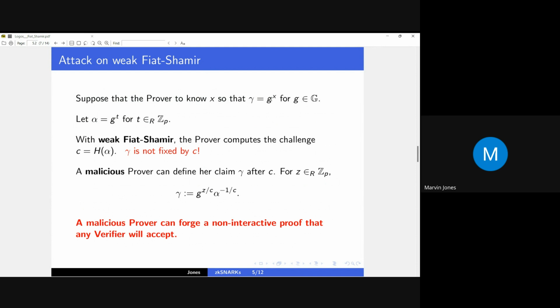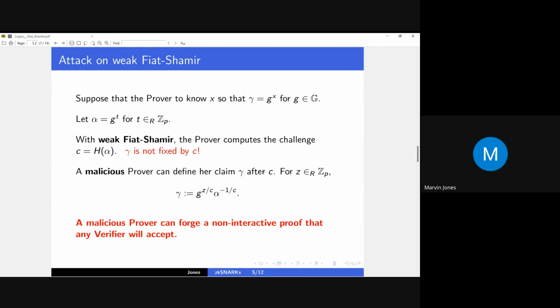If we assume that the generator G is known to all parties and cannot be affected way before the prover decides to be malicious, we don't really need G there because it's fixed. Gamma we do need, but if we were setting up a random messaging, we would want G in there. But given this, a malicious prover can define her claim gamma after C.